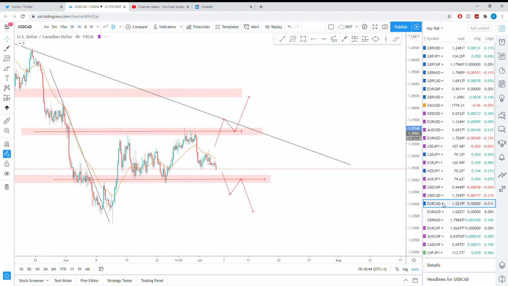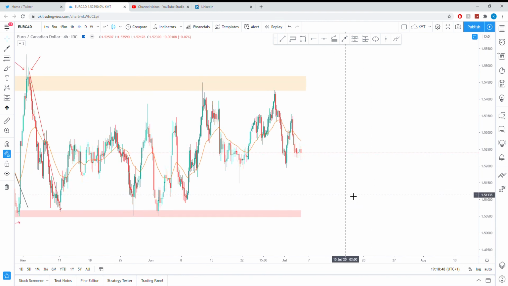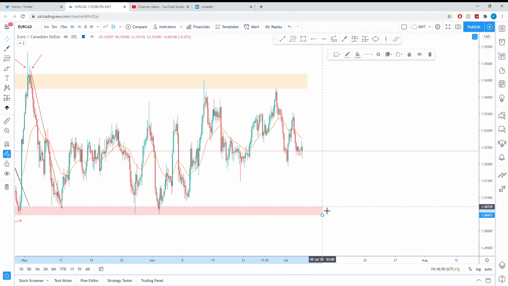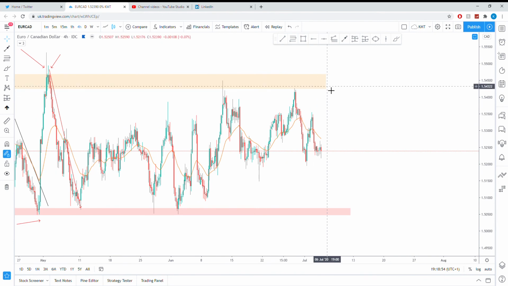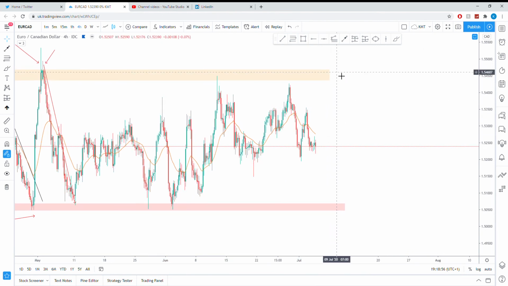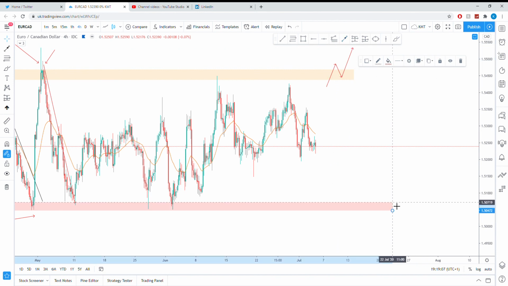Okay. So finally, looking at Euro CAD, again, this is a very structured, choppy market. There are swings here that you can take, don't get me wrong, but again, we're waiting for the price to make a push to the upside, as we previously mentioned, or towards the downside.